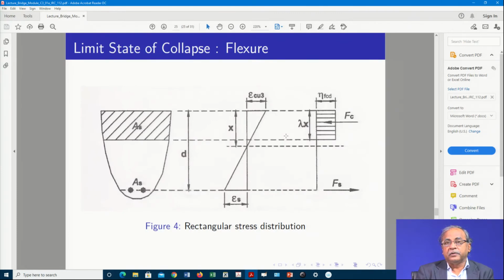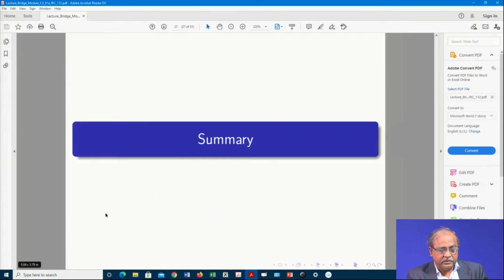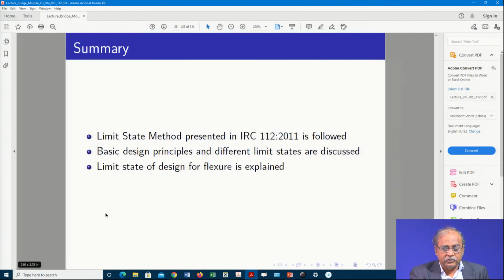Instead of the parabola and then the rectangle, we go for the rectangular block, which is very easy to do. This is what you were told earlier, the same thing we do. This is the basic concept of 112. For that we apply the limit state method. However, we can use the working stress method also.